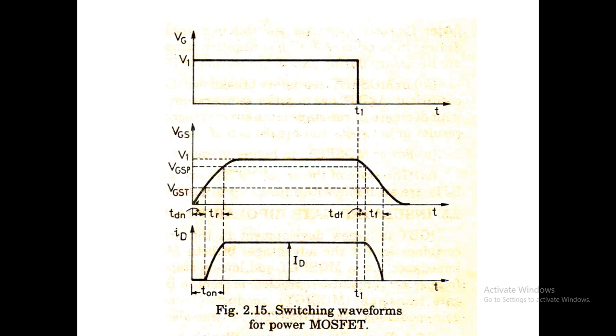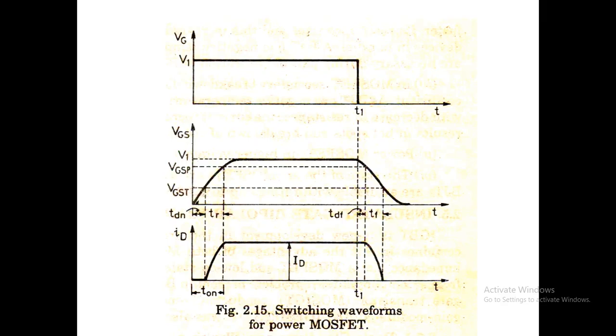TDF is the time required to discharge the input capacitance from the value of V1 to VGSP. So during TDF, the delay time in the off condition, the gate source voltage is decreased, or discharged, from the maximum value to VGSP, that is the discharging of the input capacitance.